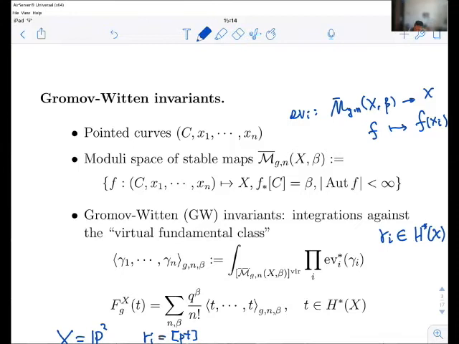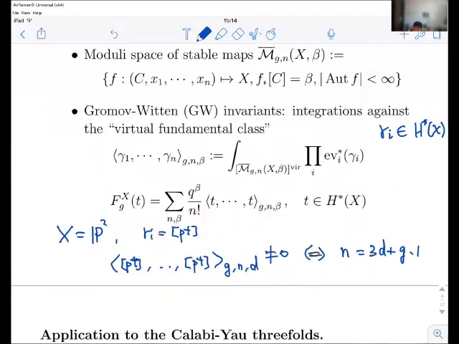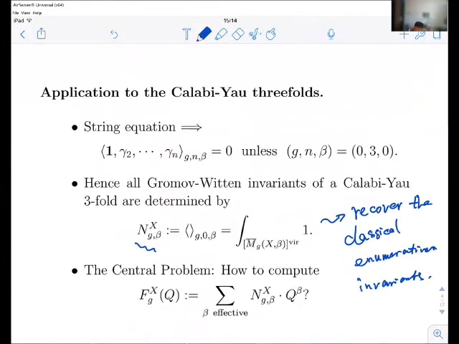So then you can have some formula to relate the two degrees, and then you can recover those small N_{g,d}. I can give you the relation later. But anyway, you can use this to recover some classical invariants.